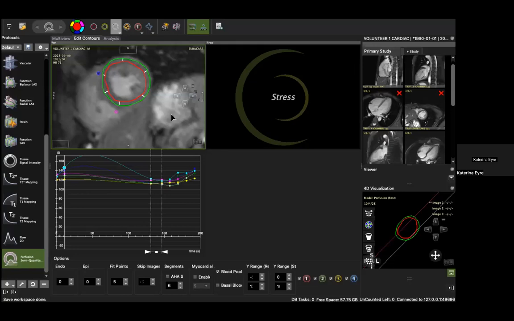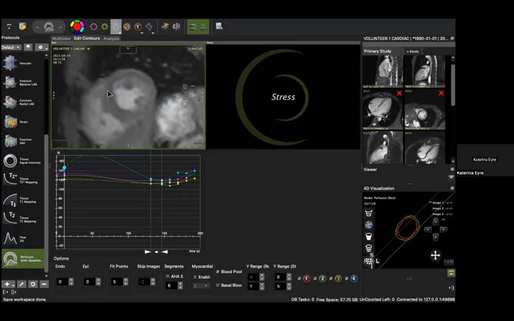So I just have a question. What are you looking at in drawing those circles in the short axis? So we're looking at the anatomy, essentially. Okay, if I remove the contouring here, so this is the left ventricle, this is the right ventricle, this is the left ventricular blood pool with the higher signal intensity, this is the myocardium.